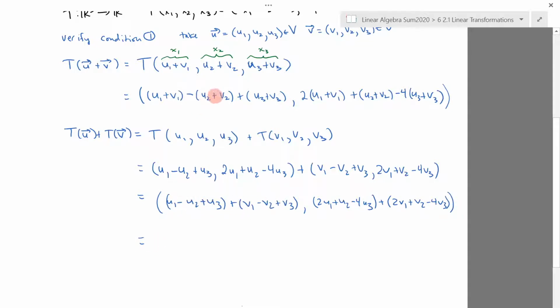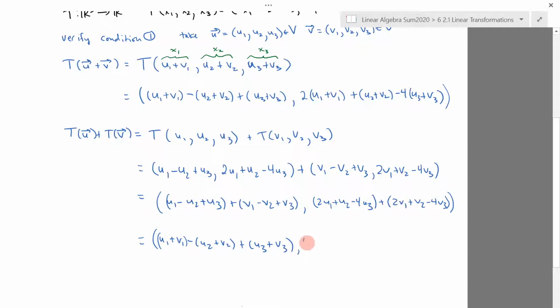And you'll see that this is exactly the same as this, right? So I just need to rearrange the terms together. So this is u1 plus v1 minus u2 plus v2. Right, so minus minus, I can factor out the minus, and plus u3 plus v3, and comma.